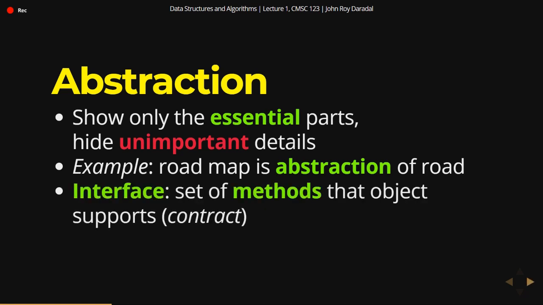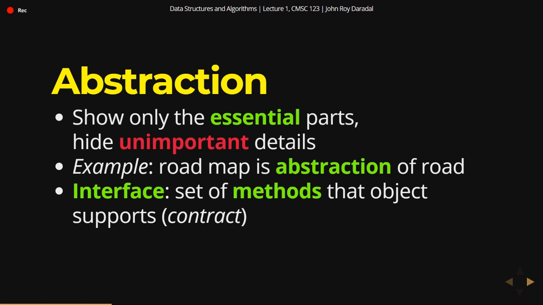For classes, the way that they do abstraction is by using something called an interface. The interface is a set of methods that the object supports. So what this means is you list or you define a set of methods that each object will be able to support, or you can call that method for all objects. So it's like a contract.